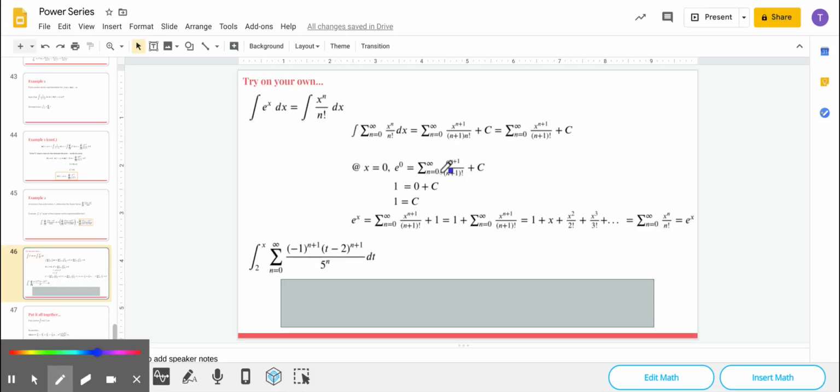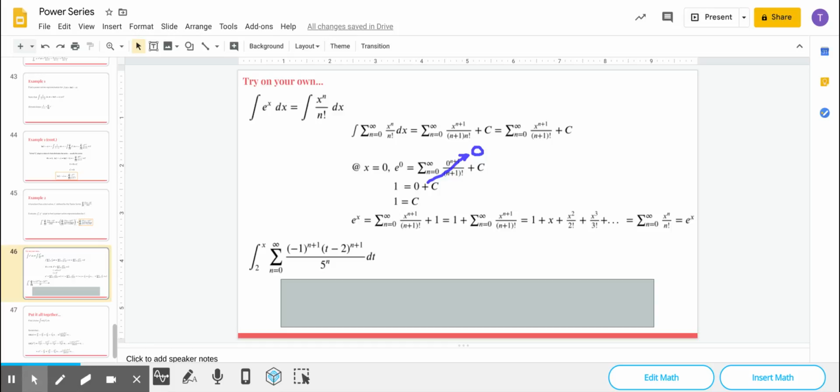Because 0 to the n plus 1 over n plus 1 factorial is 0 itself. So that whole thing goes to 0. And so now I'm just left with e to the 0, which is 1, equals 0 plus c. 1 equals c. So now I've got c is equal to 1. Oops, sorry, didn't mean to cross that out. c is equal to 1, right?